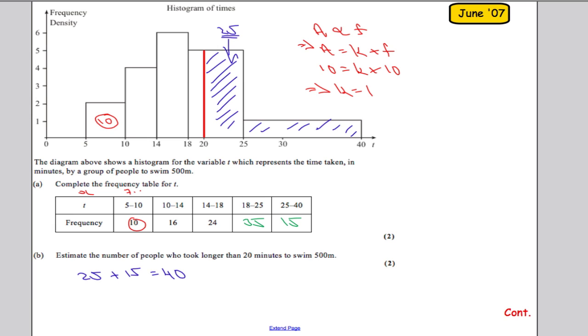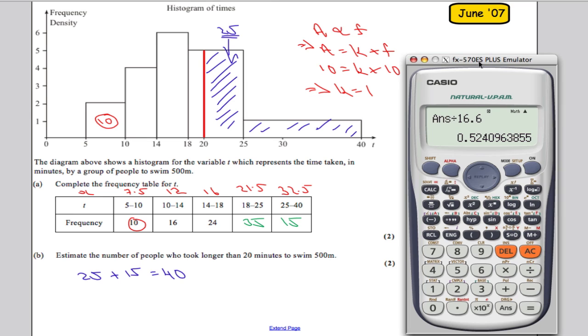So the midpoints are 7.5, 12, 16, then 18 plus 25 is 43, divided by 2 is 21.5, and then 65 divided by 2 is 32.5. So that's our midpoints.